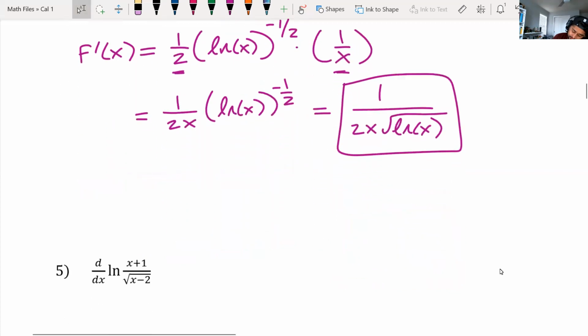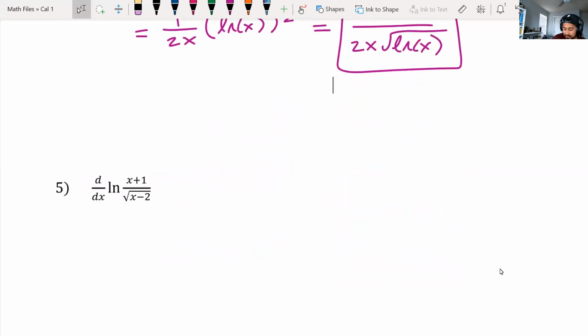All right. Next, the derivative of the natural log of (x plus 1) over the square root of (x minus 2). Oof. Oh boy. Well, what would you have to do to the inside function? Rationalize.